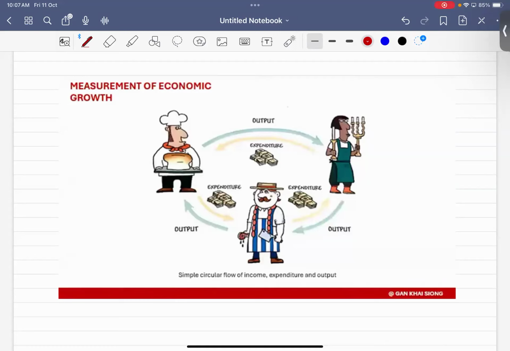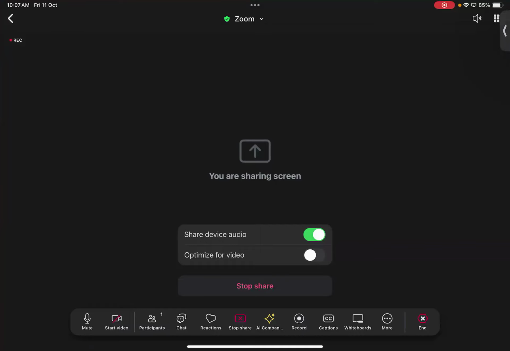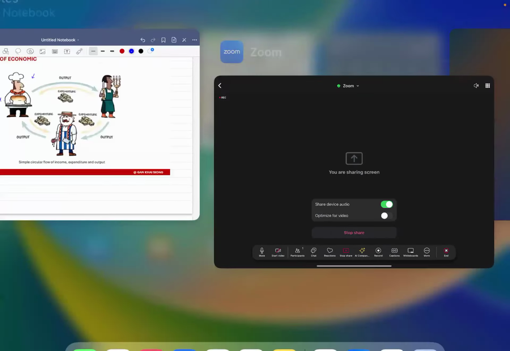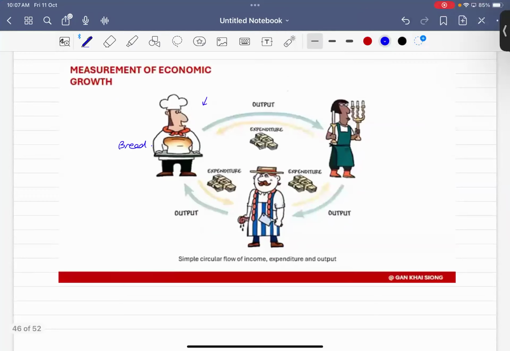First of all, you can see that there is a baker over here. This baker produces bread, so bread here is his output. Let me see if I share screen or not. Yeah, okay. So the baker is producing bread. Let's say this lady is interested in buying the bread.